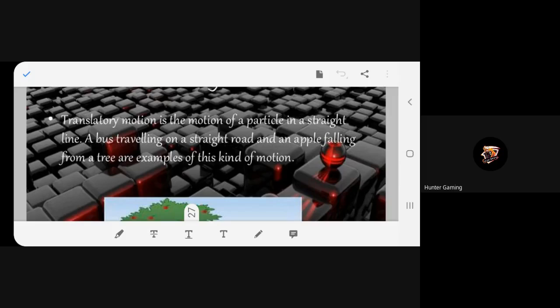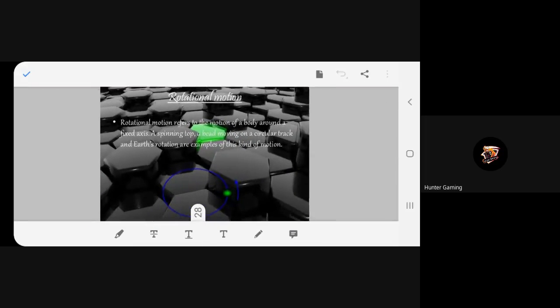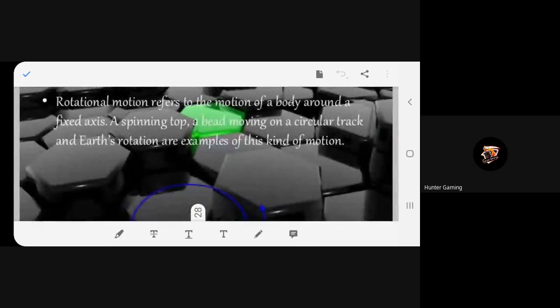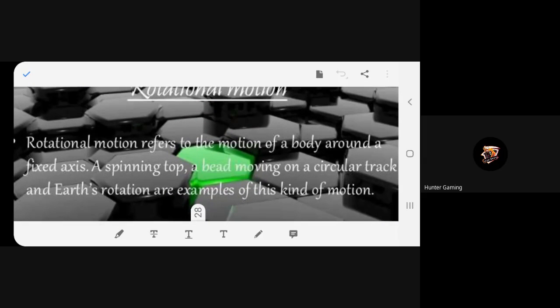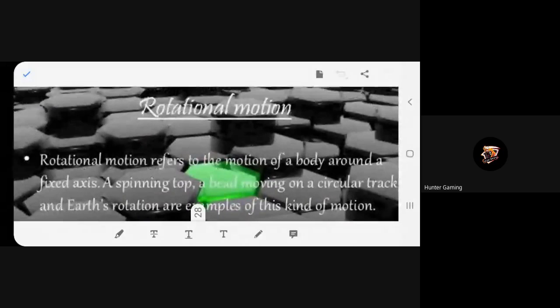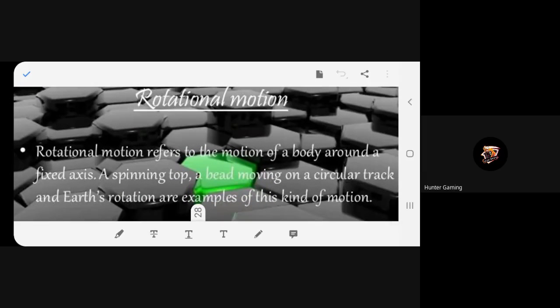Okay. Now we come to rotational motion. Read. Rotational motion refers to the motion of a body around a fixed axis. A spinning top, a bead moving on a circular track, and the Earth's rotation are examples of this kind of motion. It is the same thing, we have already done it.